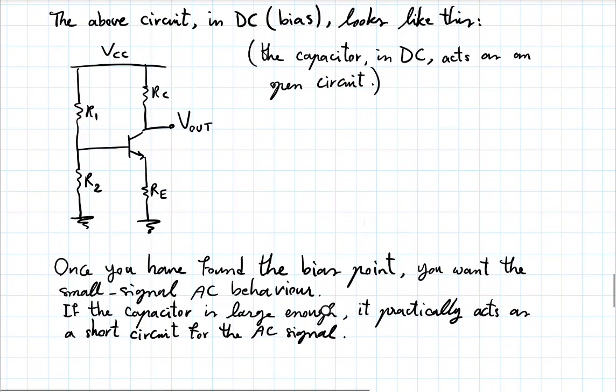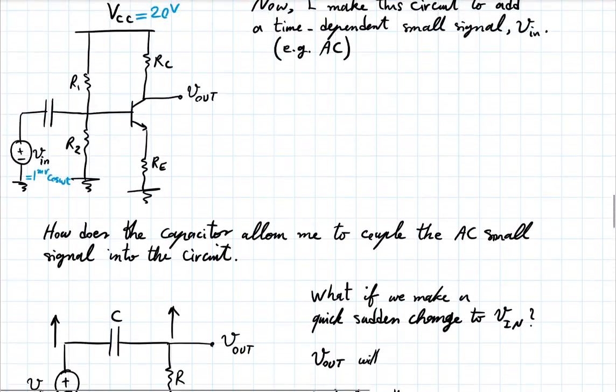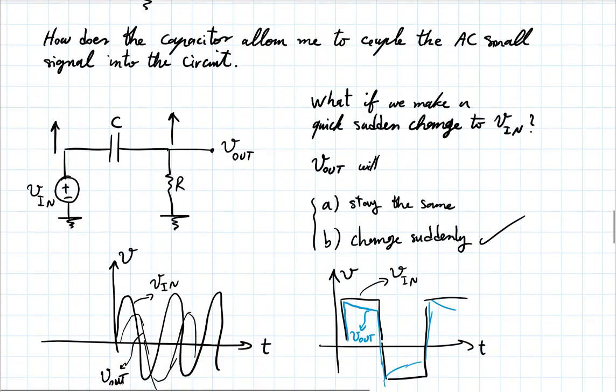So I want to draw the circuit for that little AC small signal. And the capacitor will just act as a short circuit for that, because, like we discussed here, whatever change the input creates here will be transferred to that base.